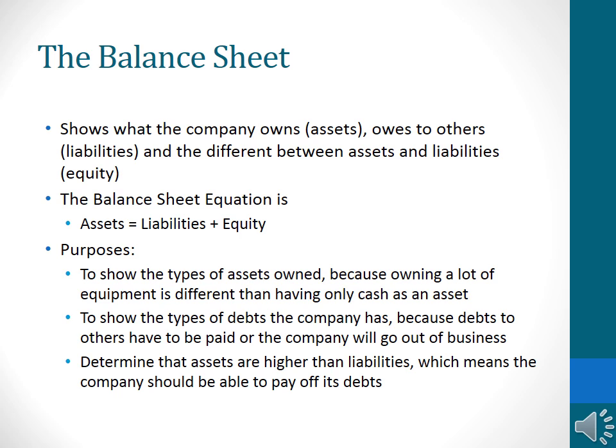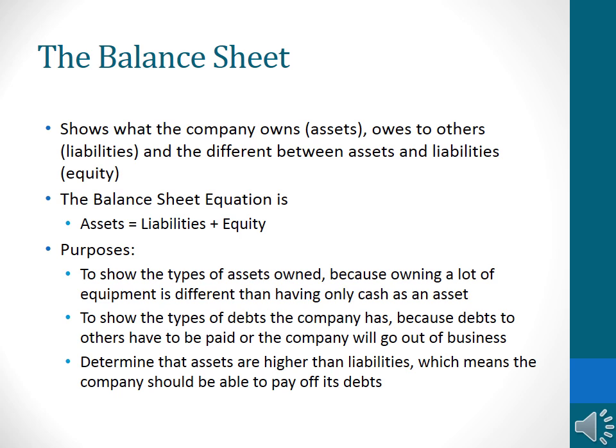As you can imagine, if the amount you owe to others, the liabilities, is a lot higher than the assets that you have in your company, it's very likely that some of the people you owe money to will not get their money. So everyone's interested in a balance sheet's assets, liabilities, and equity.